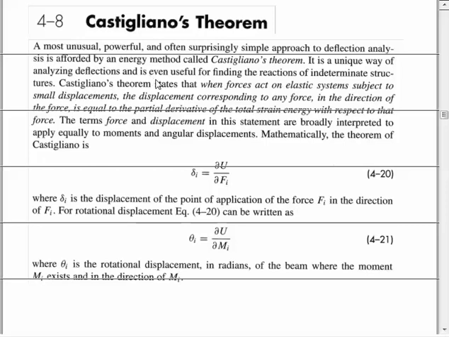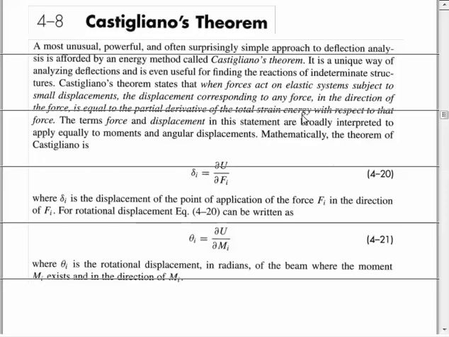Castigliano's theorem says that when forces act on an elastic system subject to small displacements, the displacement corresponding to any force in the direction of the force is equal to the partial derivative. So it says deflection equals partial derivative of strain energy.